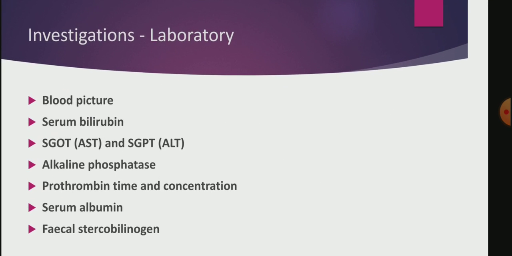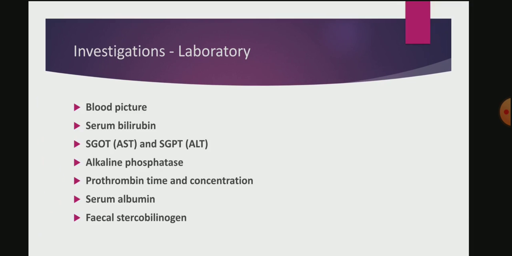Investigation: blood picture to see the hemoglobin and the WBC for leukocytosis, serum bilirubin, SGOT and SGPT, alkaline phosphatase, prothrombin time and concentration, partial thromboplastin time, serum albumin, and fecal stercobilin.